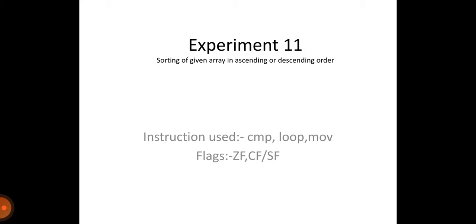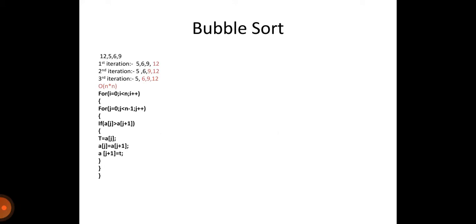Let me give you an example of bubble sort, which you already studied in the previous semester. For this experiment we just need an idea of the bubble sort algorithm.